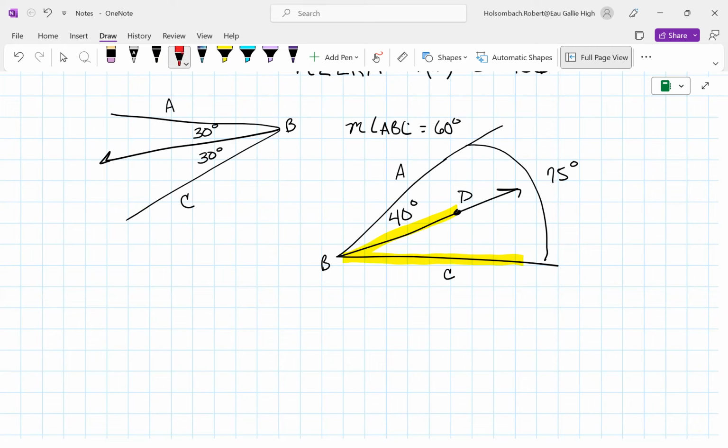Isn't it 75 minus 40? Which is 35 degrees. So the two smaller angles that form the big angle, their sum is the measure of the big angle. So the bigger angle minus one of the smaller angles equals the other smaller angle. It's like the segment addition rule that we did in week 1. Okay?